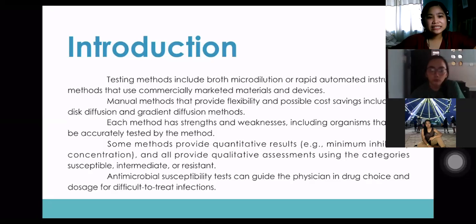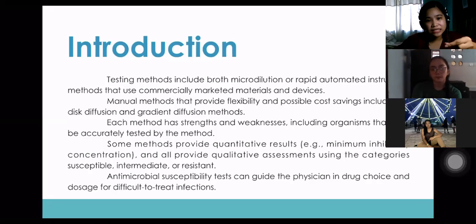When we say disk diffusion, we are using a disk, a circle, the same size as the punch hole paper. Ang puncher, di ba, may hole na, may circular na siya nga paper nga gina-discard ninyo. So that is the size of our antibiotic or antimicrobial disc.